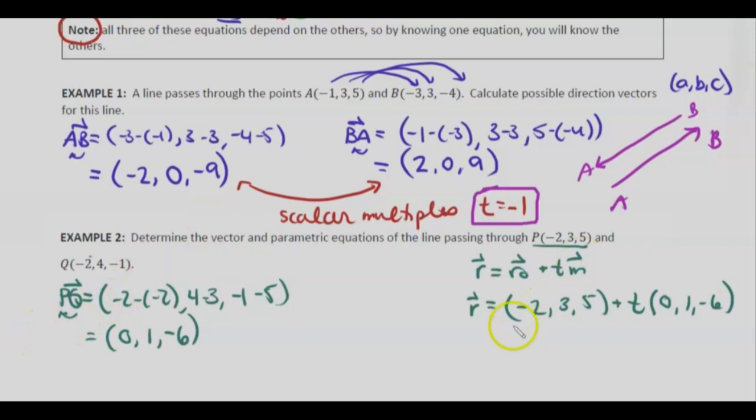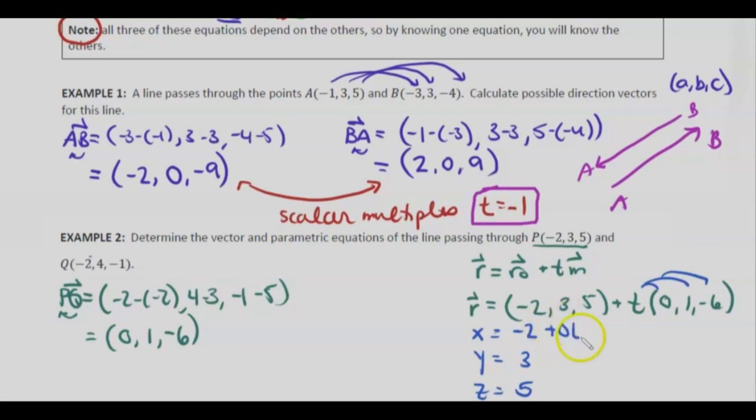Okay, so what we want to do now with these components is write out the parametric equations. So we're going to have x equals, y equals, and z equals. We can take this point here and stack these numbers, -2, 3, and 5. And then we take these components.